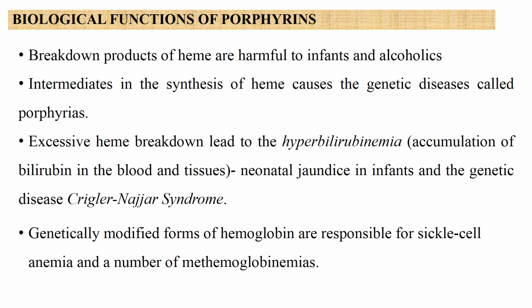Excessive heme breakdown of porphyrins leads to hyperbilirubinemia, a condition that is accumulation of bilirubin in the blood and tissue, which is seen in neonatal jaundice of infants or in genetic diseases such as Crigler-Najjar syndrome. Further, genetically modified forms of hemoglobin are responsible for sickle cell anemia and a number of methemoglobinemias.